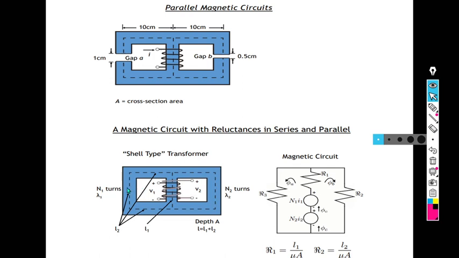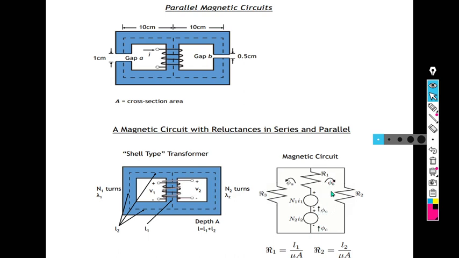If R2 and R3 are equal, then you can solve this problem in the same way as the previous problem, like an electrical circuit. If you consider this path, instead of current, flux is flowing.